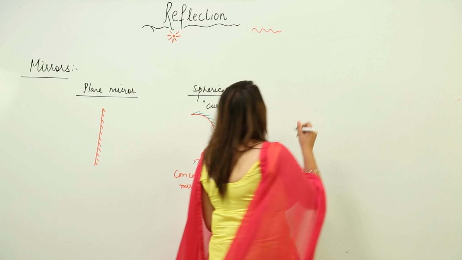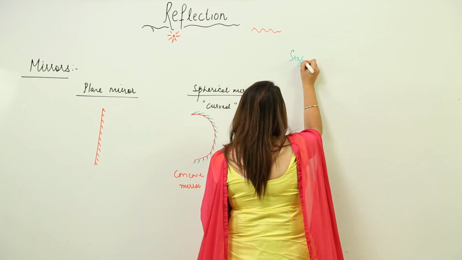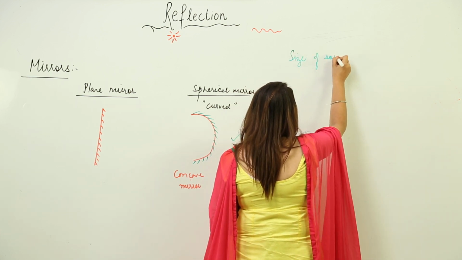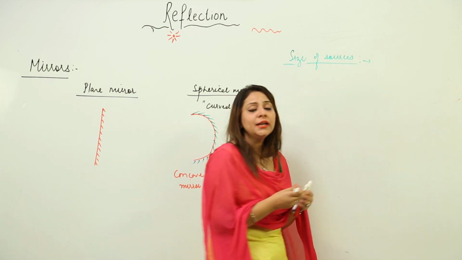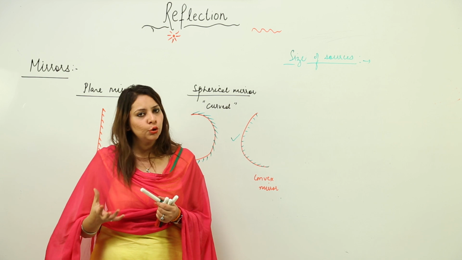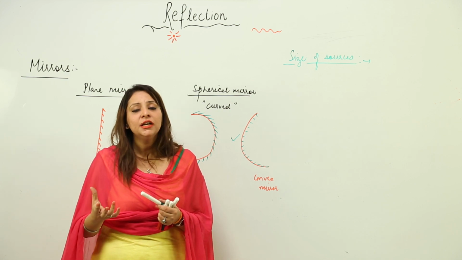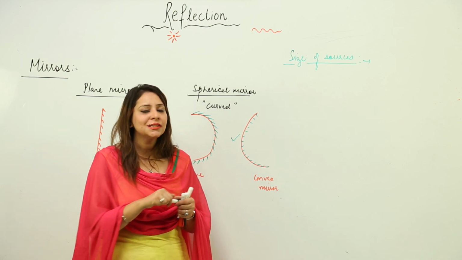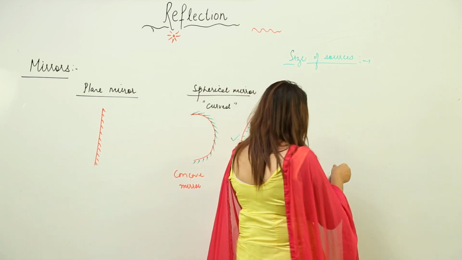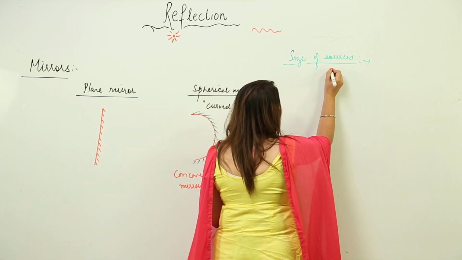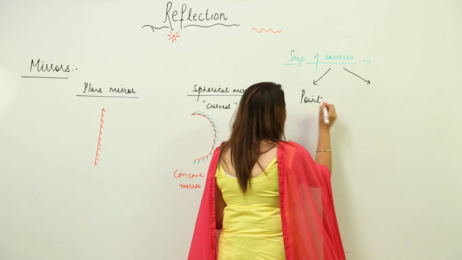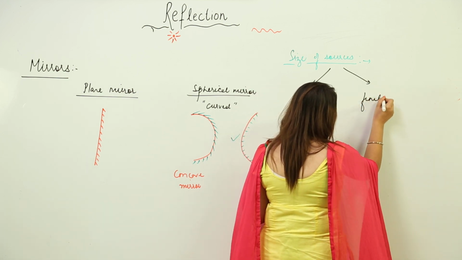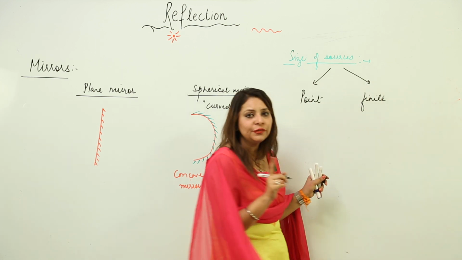Now, depending upon the size of the source, that means we have a source from which the light is being emitted, we classify the sources into two kinds. One is the point source, the other is the finite source, not infinite, it is finite.